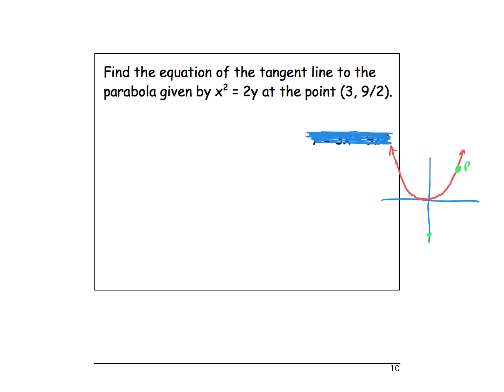A tangent line kind of runs like that. It's not super straight, but you guys get the idea. The focus, which we haven't found yet, we will, is going to go right around here.